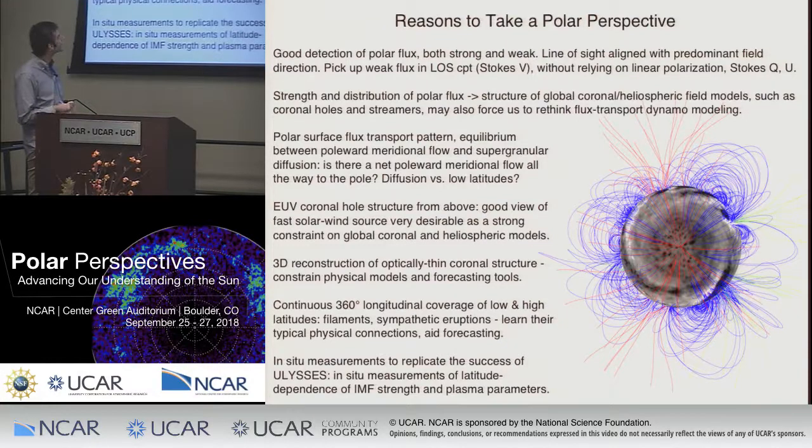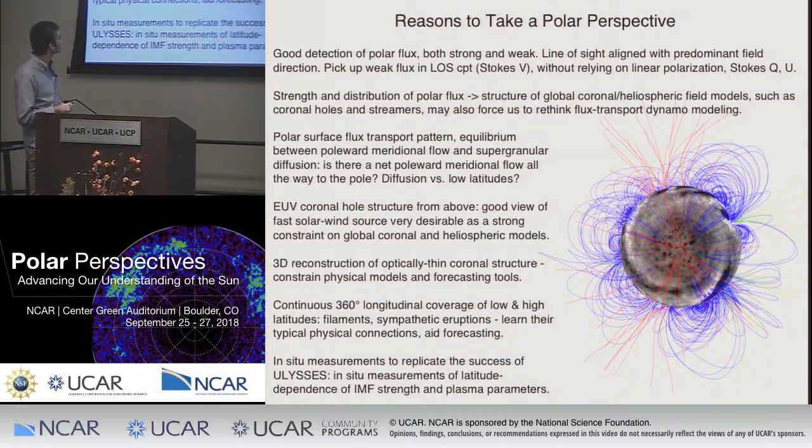Also, beyond this talk, there are strong motivations to look at EUV images from a polar vantage point to get the polar coronal hole structure correct, absent projection effects, and this would provide a good constraint on the coronal and heliospheric models. Also, 3D reconstruction of coronal loop structure will become possible.